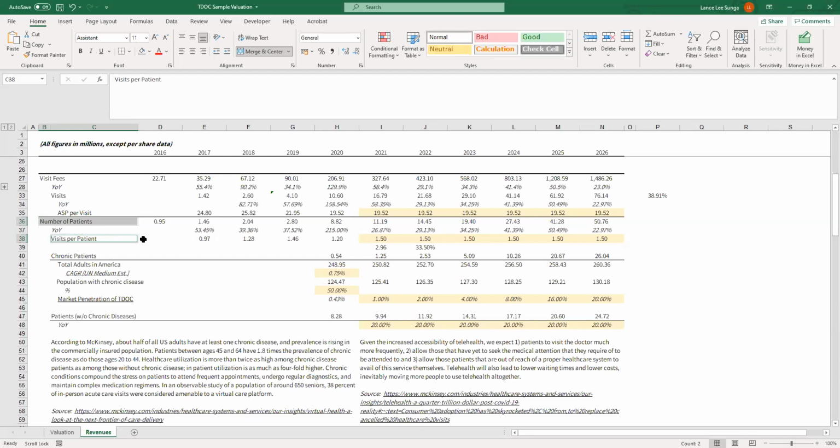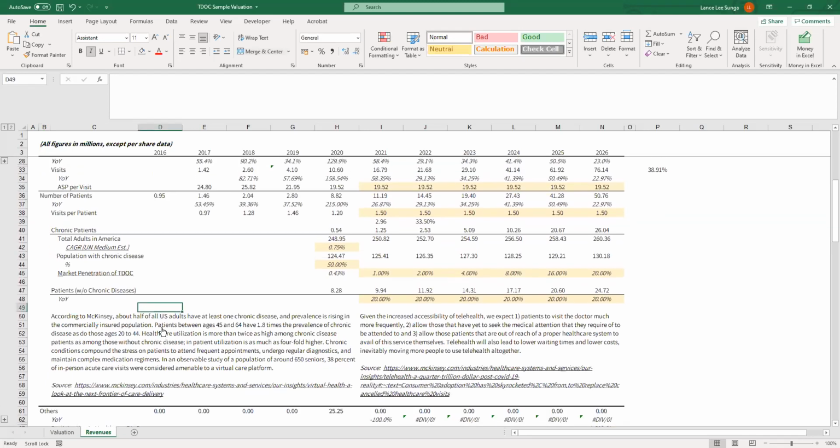So my thesis here was that Teladoc has a large untapped market in terms of their chronic care solutions. And most of the population isn't being serviced yet with chronic care oversight, chronic care monitoring, right?